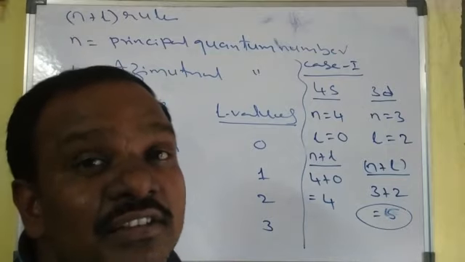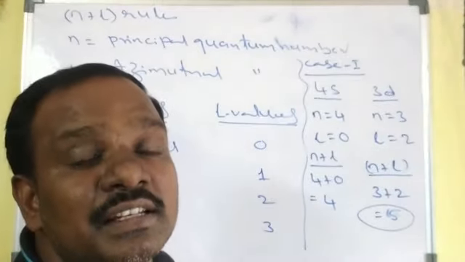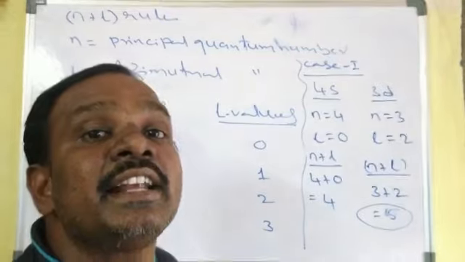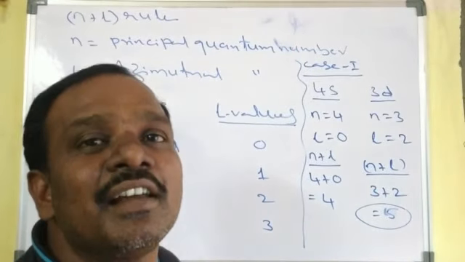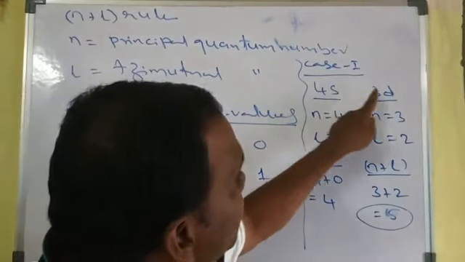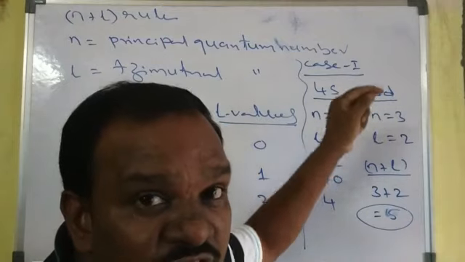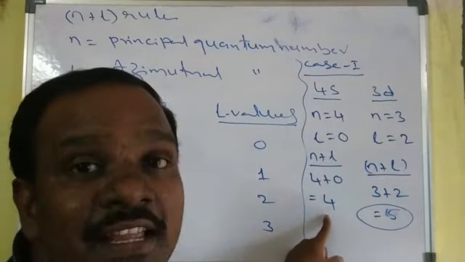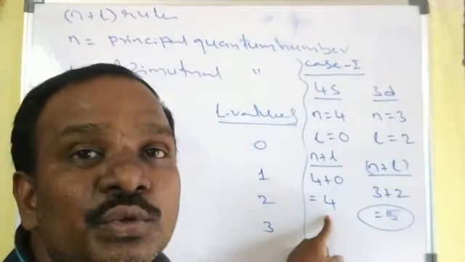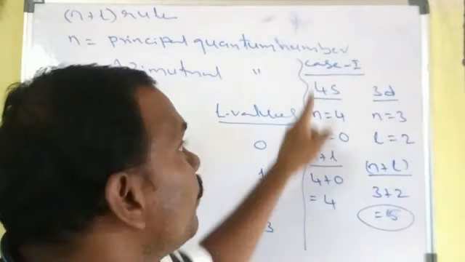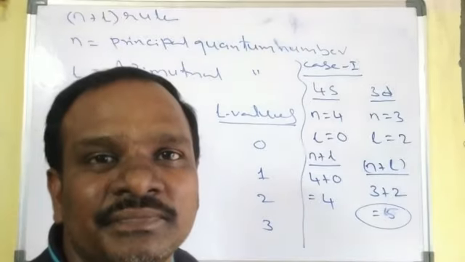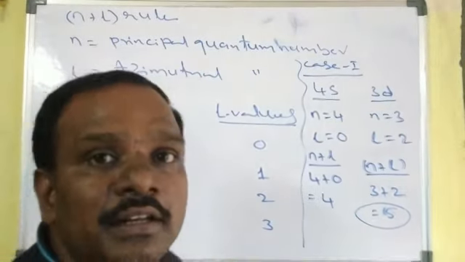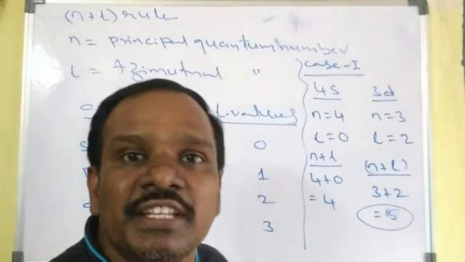So the electrons enter into which orbital first? The electrons enter into the lower energy orbital first. Among 4s and 3d, 4s has lower energy. So the electrons enter the 4s orbital first. This is case 1.